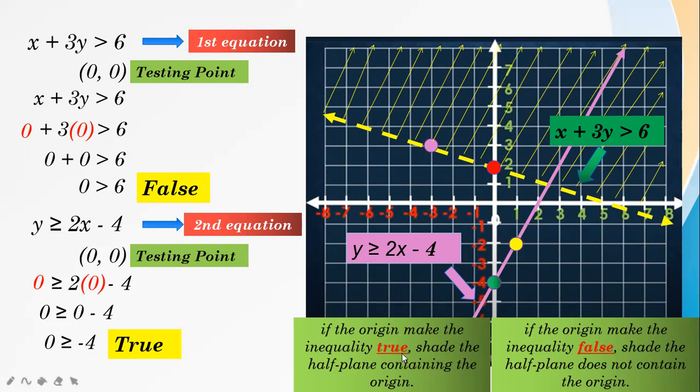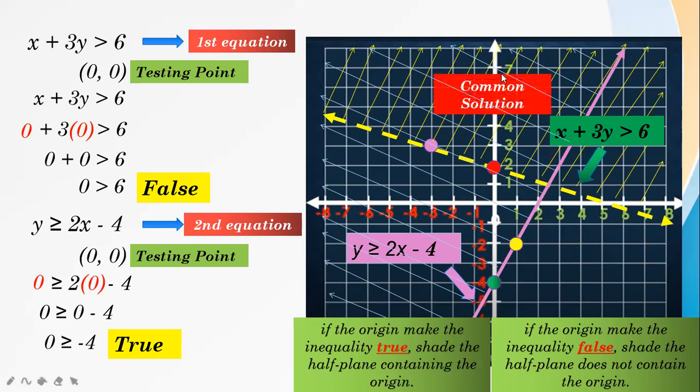And if the statement is true, shade the half plane containing the origin. So containing the origin, and this will be your shaded region. Okay, and therefore this will be your common solution, wherein these two shaded regions intersect. So ito yung common solution natin.